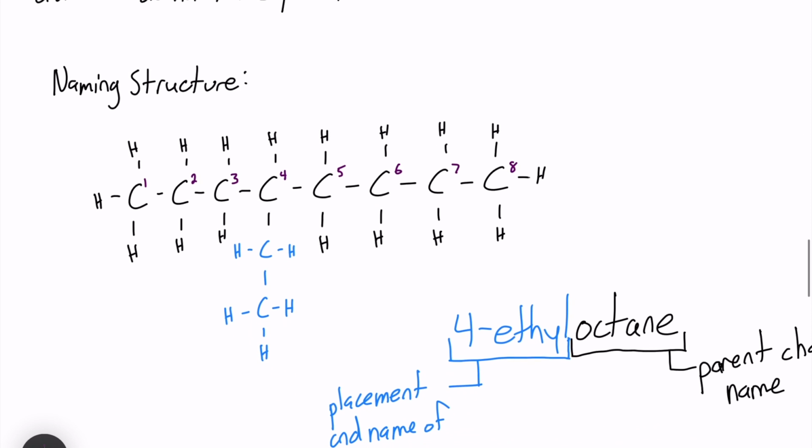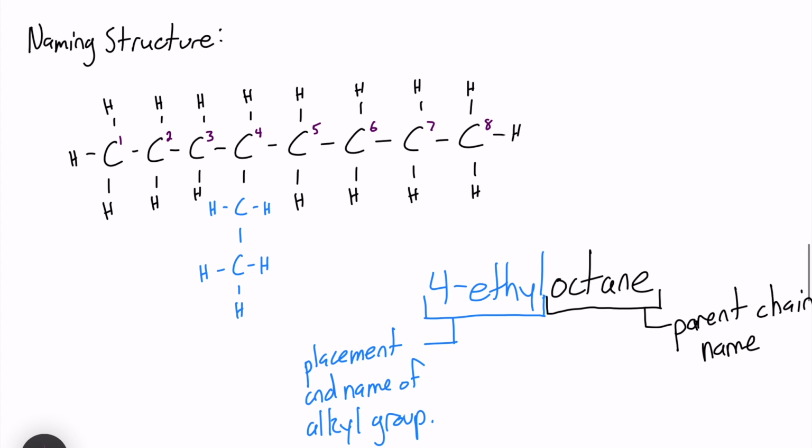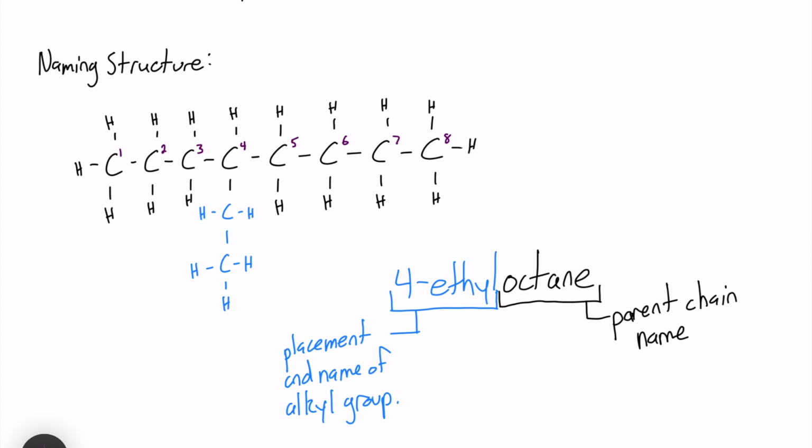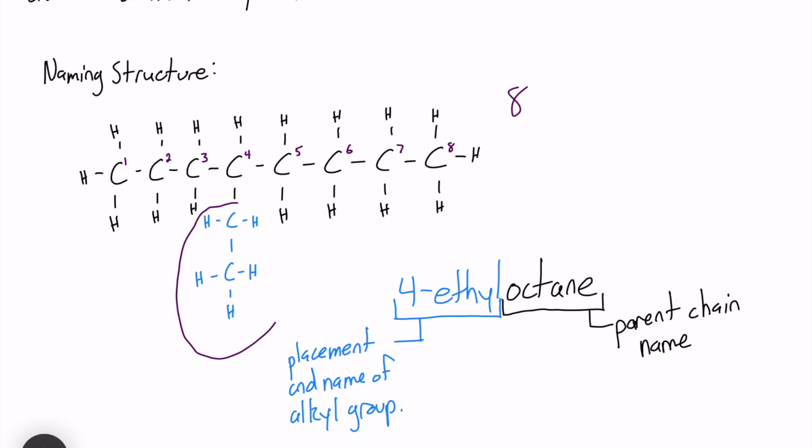But first, we're going to take a look at the naming structure. We have an example here, and in this case, we have a parent chain that has 8 carbons, and we have a substituent that has 2. Notice that our substituent is on carbon number 4.